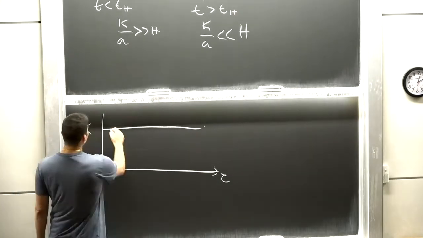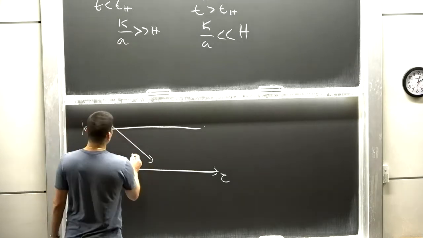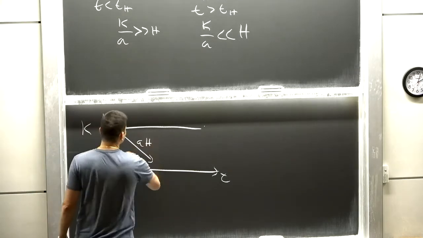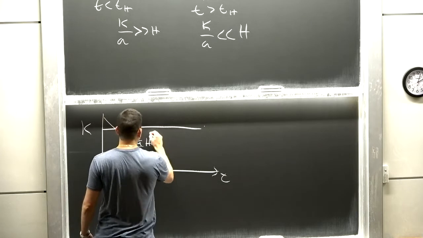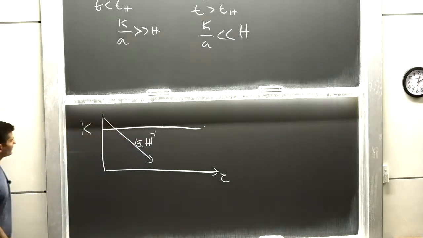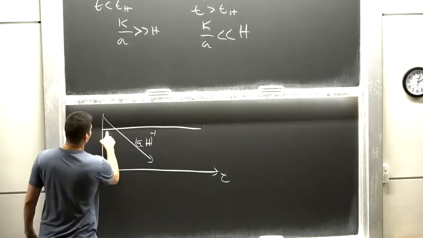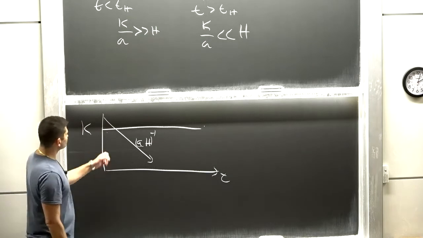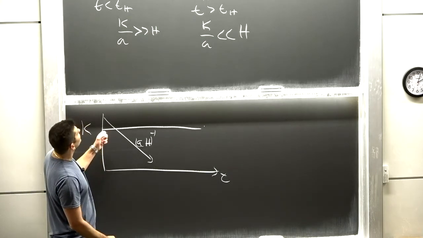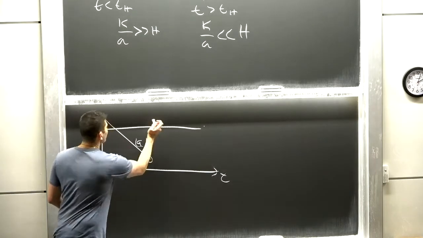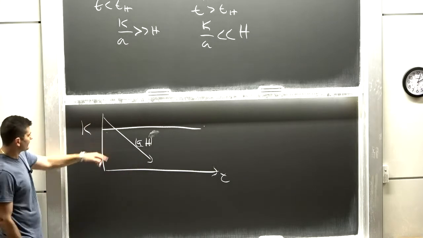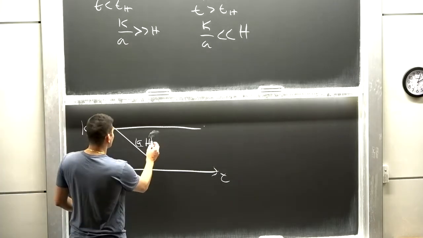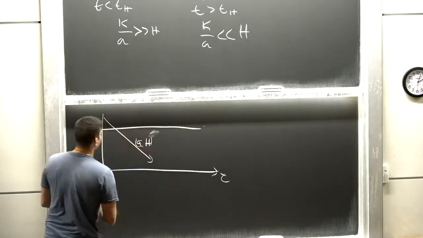So roughly speaking, during the inflationary era, aH, or 1 over aH, is going down. I'm used to writing wavelengths, so let me get the picture right.